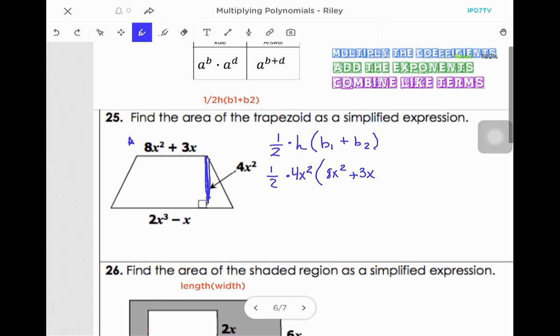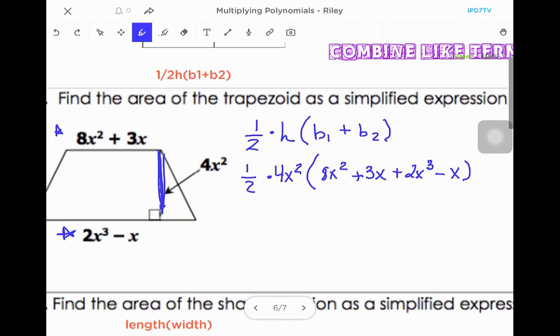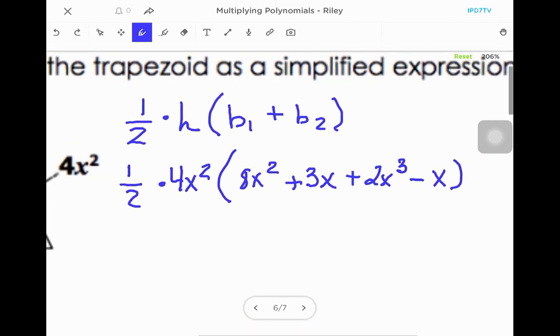Okay. And then we have our second base, so plus this one down here. 2x cubed plus, that says minus. I can read. Minus x. Okay. Which looks kind of crazy.